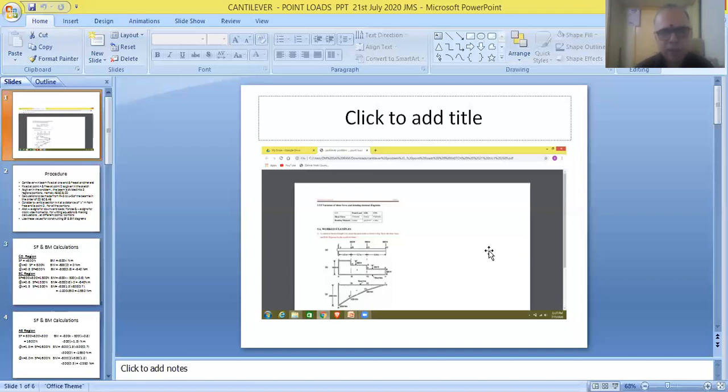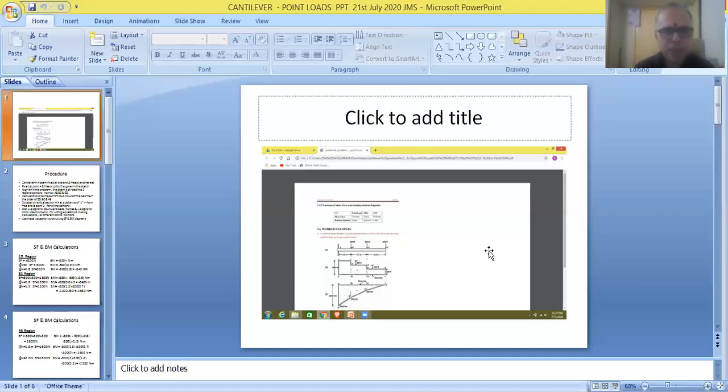And finally, they are very useful for proper construction and proper indication of shear force and bending moment diagrams.